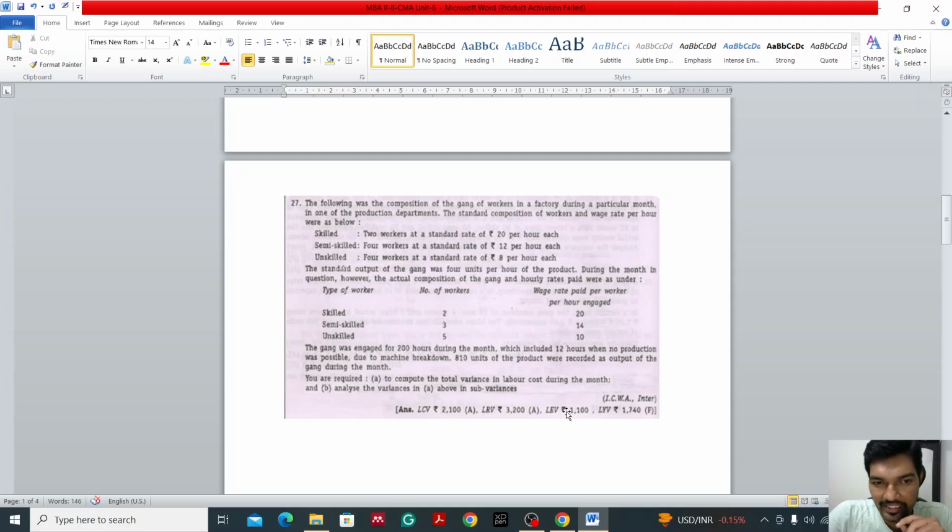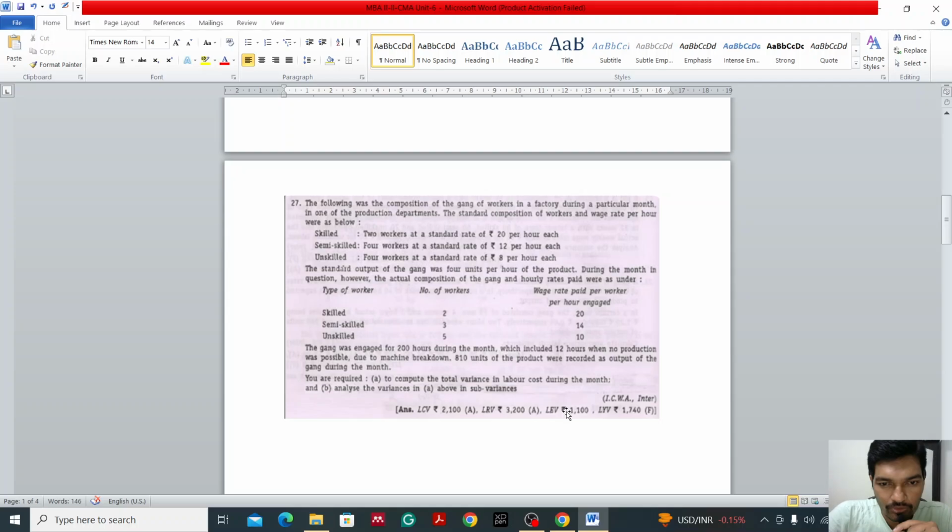Two skilled workers at a standard rate of 20 rupees per hour. For semi-skilled labor, four workers at a standard rate of 12 rupees per hour. Unskilled labor, four workers at a standard rate of 8 rupees per hour each.